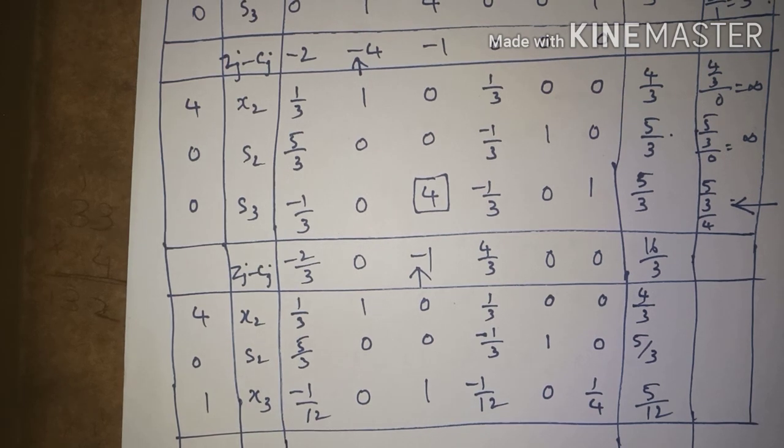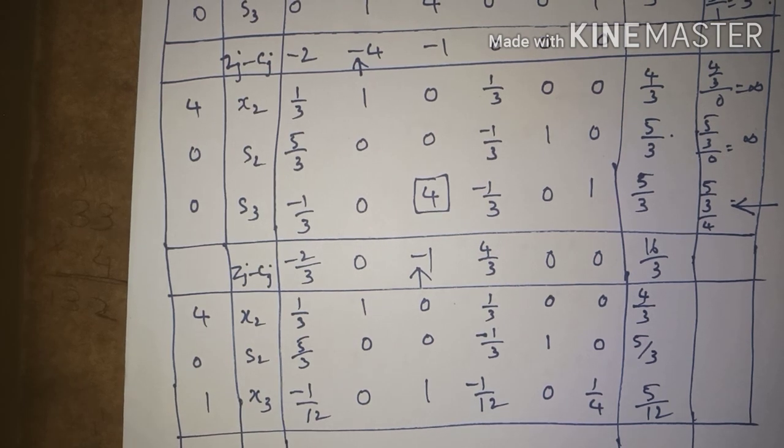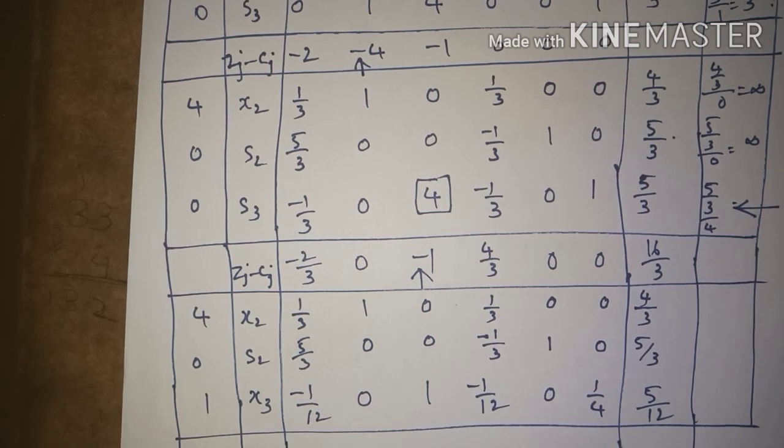Now we will calculate the index row elements. If the index row elements are all greater than or equal to 0, then we have reached the optimal condition. If we have not reached the optimal condition, if any negative occurs, we have to go to the next iteration. We will multiply.